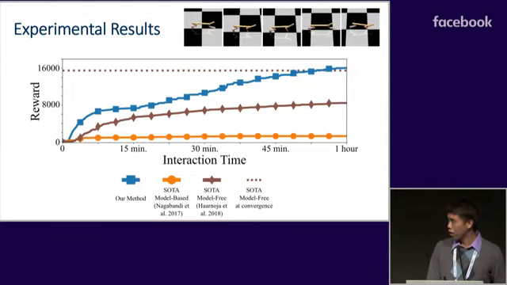In fact, we are able to achieve a running gait with the half-cheetah in under 10 minutes of interaction time with the environment, while the model-free algorithm requires several times more data to achieve the same level of performance. And so we called our algorithm PETS, which stands for probabilistic ensembles with trajectory sampling.